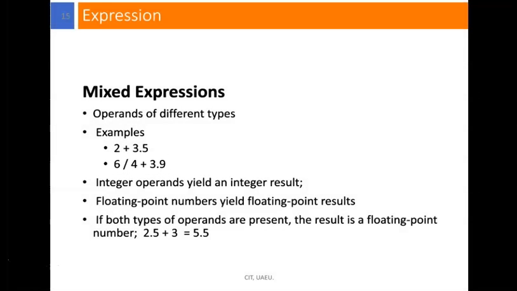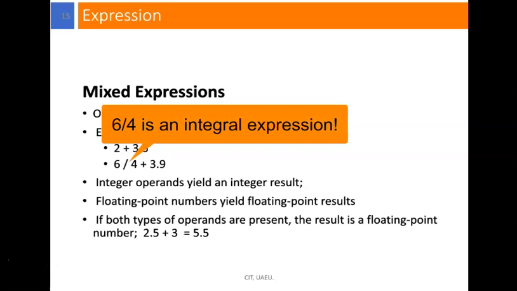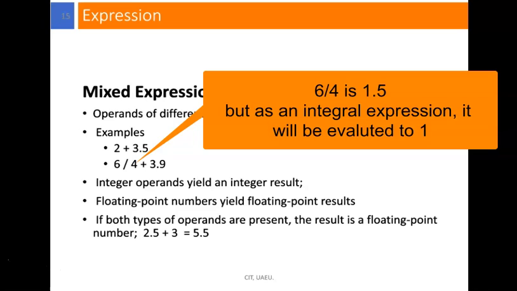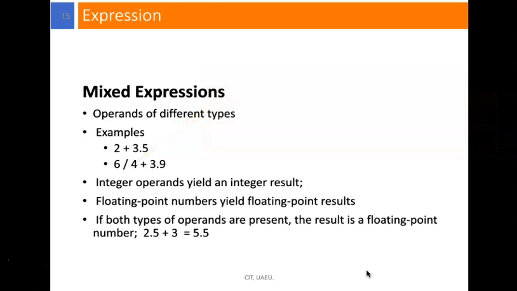But 6 and 4 are both integers, so the result will also be an integer. If you do this using a calculator, the result is 1.5. But when it is an integer, we discard that fraction 0.5 and the result will be 1. And then we add 3.5 to it and the result will be 4.5. So when we have both types, an integral and a floating point number, the result is also a floating point number.